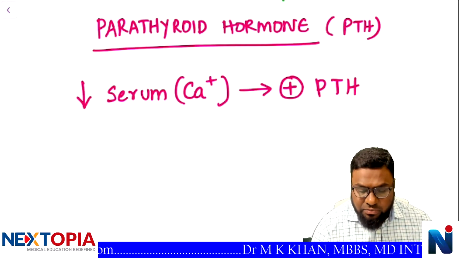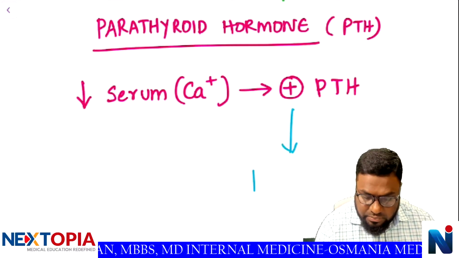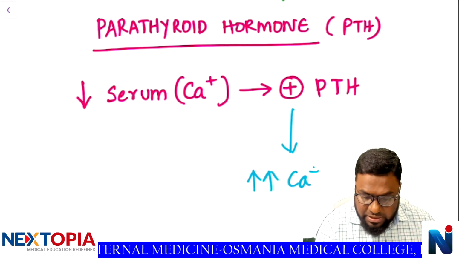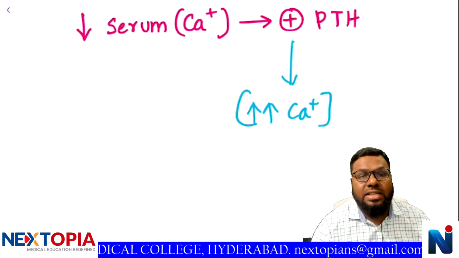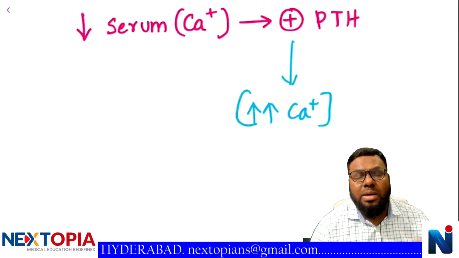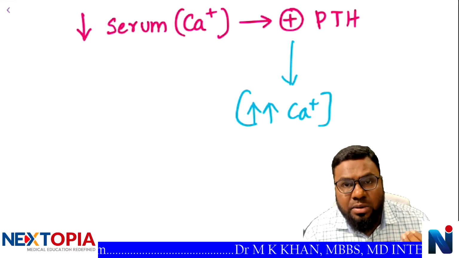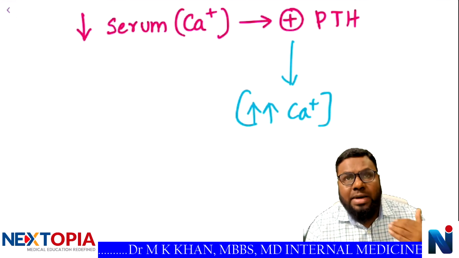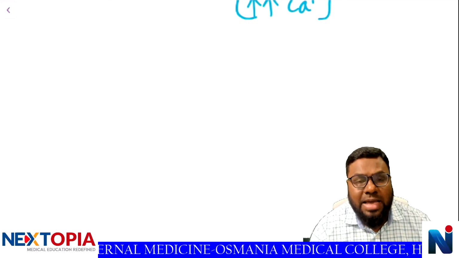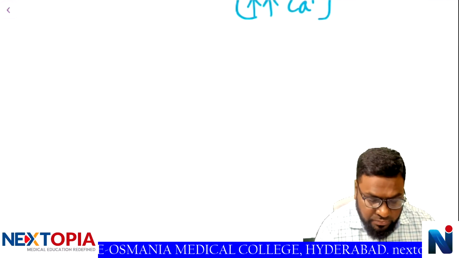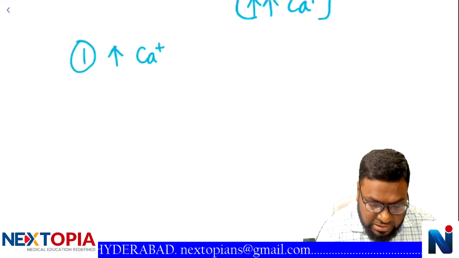So what is the function of parathormone? Parathormone function is to increase calcium levels in the body. How does it increase calcium level? By bone resorption or by bone deposition? By bone resorption. Parathormone increases the serum calcium by the following mechanisms. First, it increases the reabsorption of calcium from the kidneys.